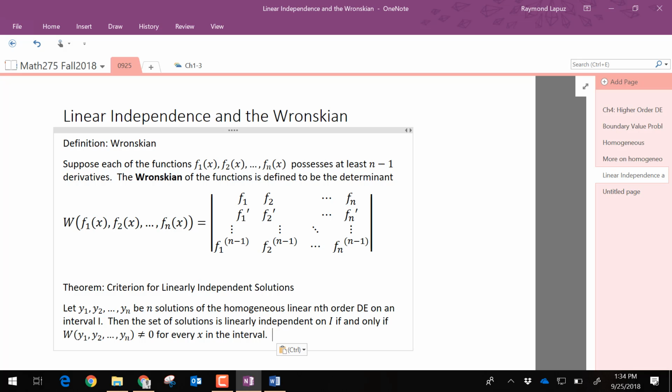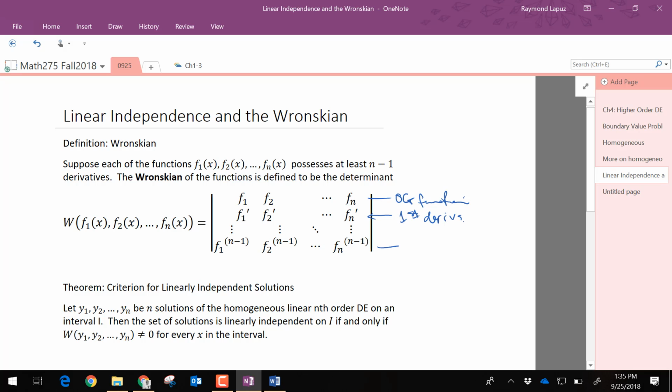The Wronskian is going to be a row of functions and a row of first derivatives, the original function, first derivatives, second derivatives, etc., up to the n minus first derivatives. So that makes a square matrix if we put them in matrix form.